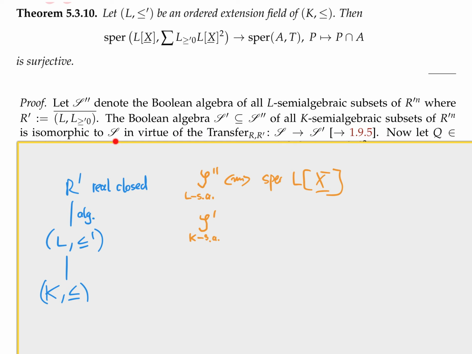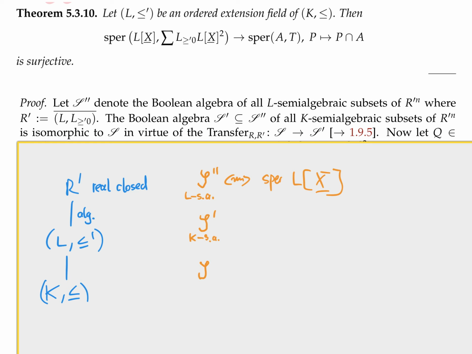But this Boolean algebra S prime is isomorphic to S, which was all the time the Boolean algebra of K semi-algebraic subsets of R to the n, where R is the real closure.